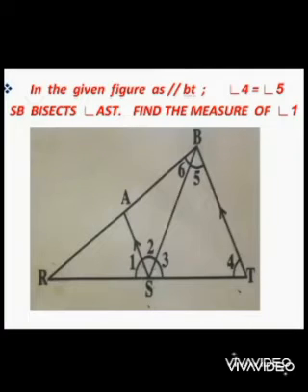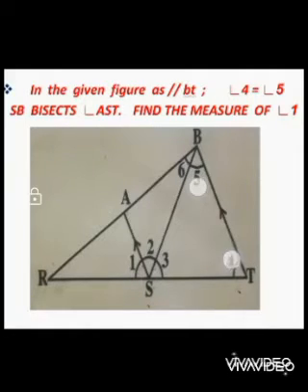So, in the given figure, AS is parallel to BT and angle 4 is equal to angle 5. Line SB bisects angle AST. Find the measure of angle 1. So what they have given in the question, children: AS is parallel to BT, these two are parallel lines, and angle 4 is equal to angle 5.